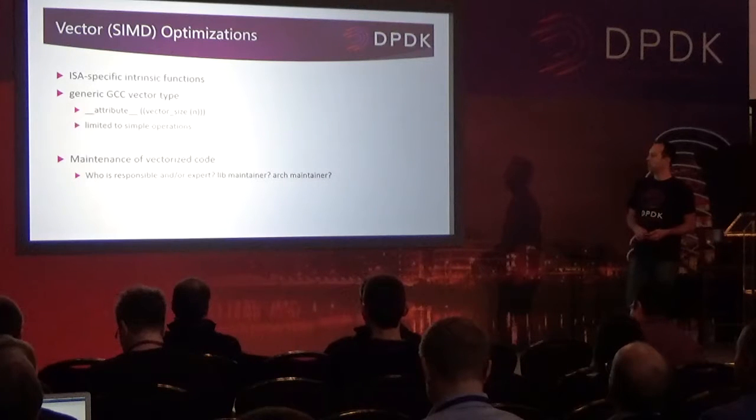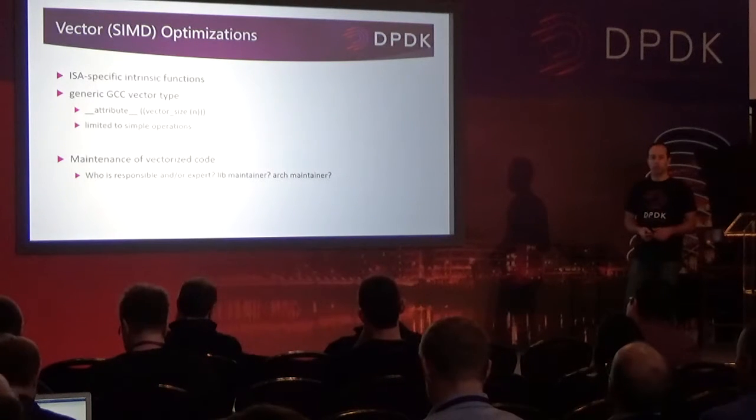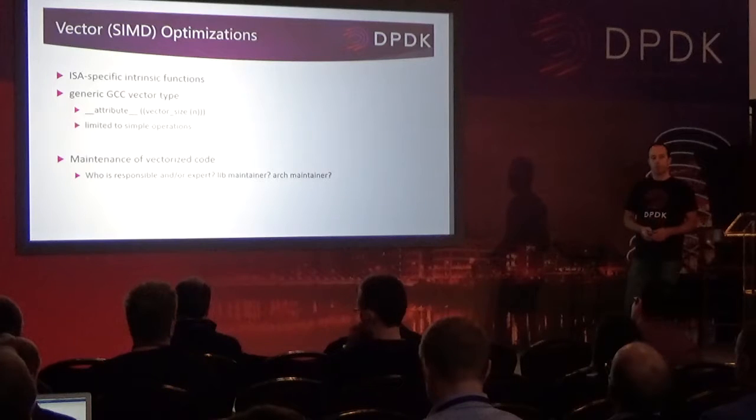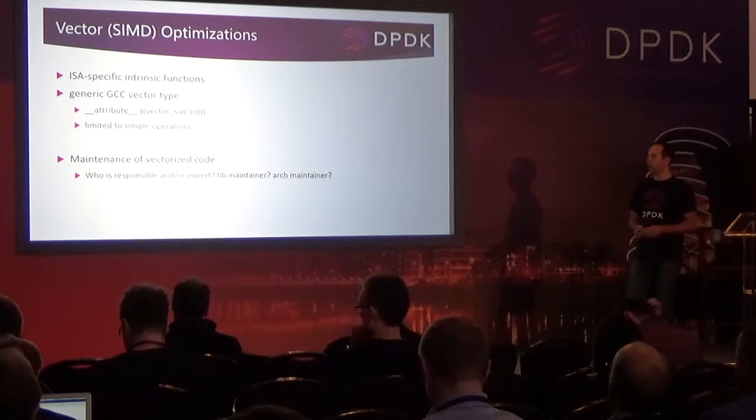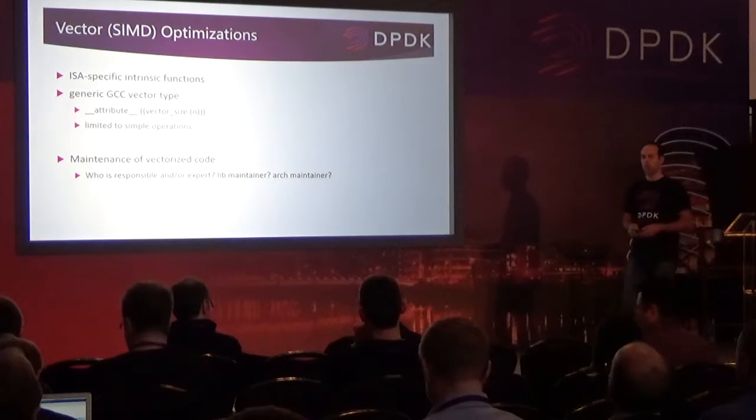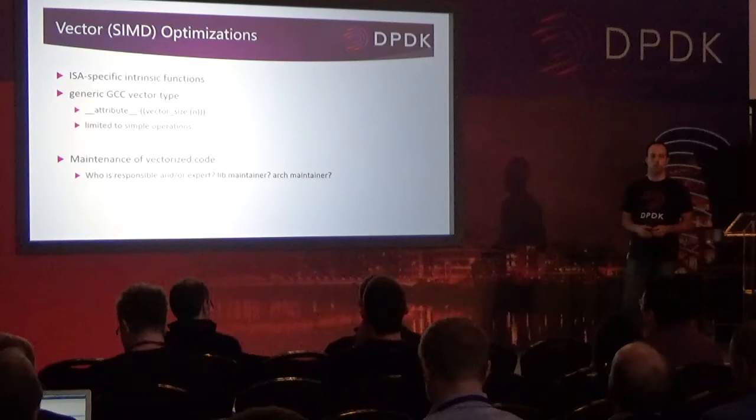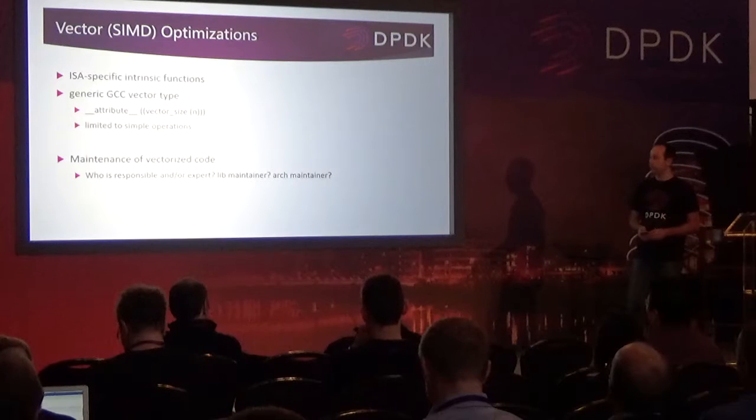So how can we manage it? That's really an open question. We can ask experts from a CPU, we can ask the library or driver expert to help. We have to do some coordination between us. But for sure, we are going to have a hard time with that.